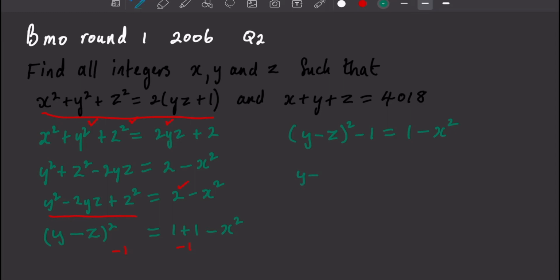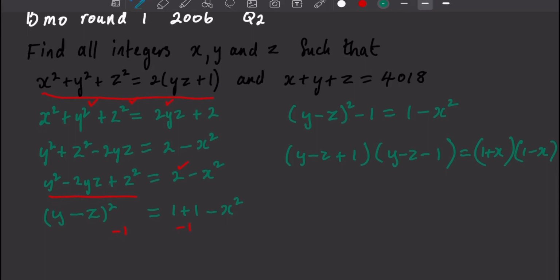y minus z minus 1, y minus z plus 1, equals 1 minus x, 1 plus x. So now we can write down a couple of statements.